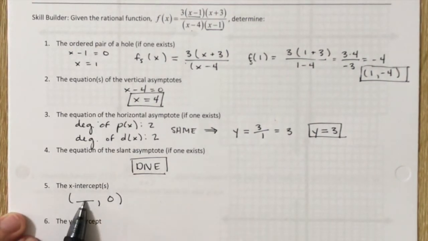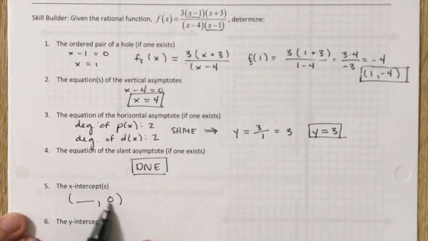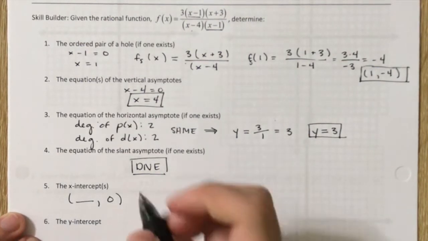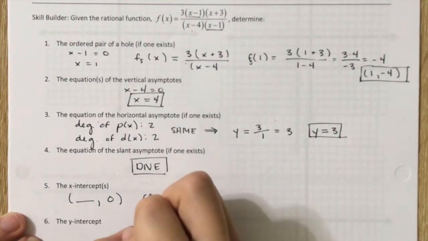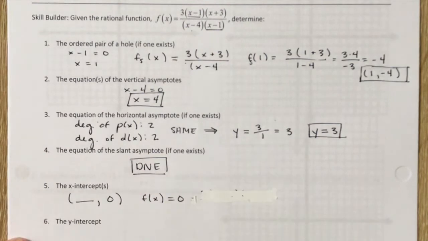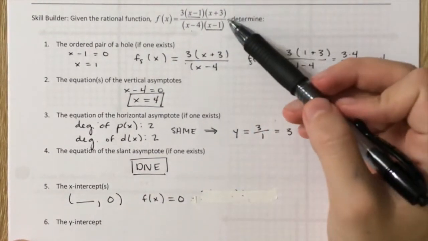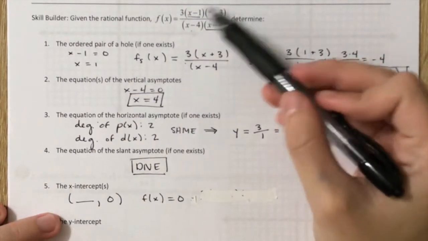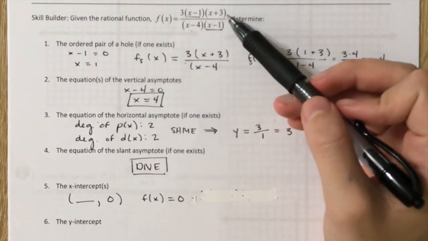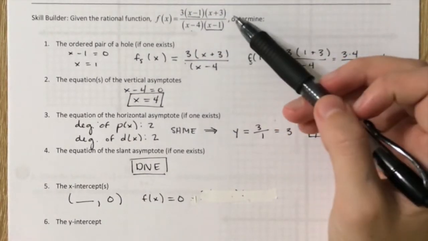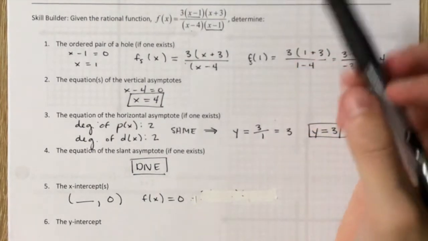So we need to find this x value. If the y value is 0, it means that f of x equals 0, which we talked about how with fractions, that's going to happen when the numerator is 0, in the last video, the Introduction to Rational Functions video.